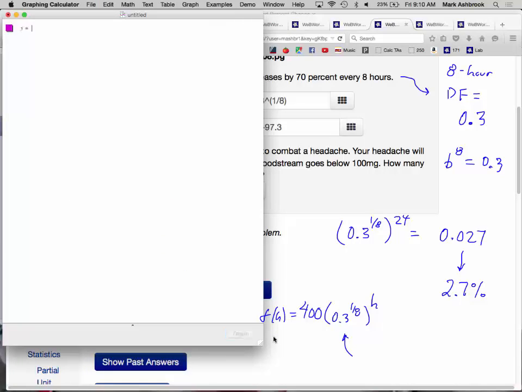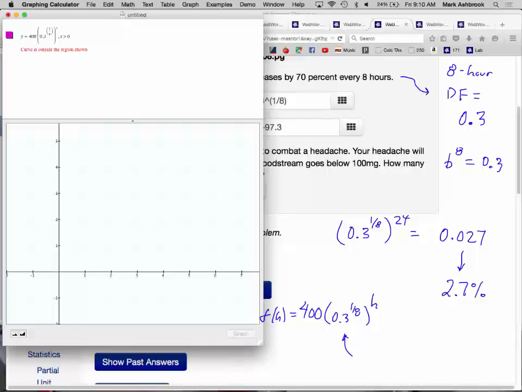So if I got y equals 400 times 0.3 to the 1/8, and then all that to the x. And we want to know, so am I going to set x equal 100 or y equal 100?